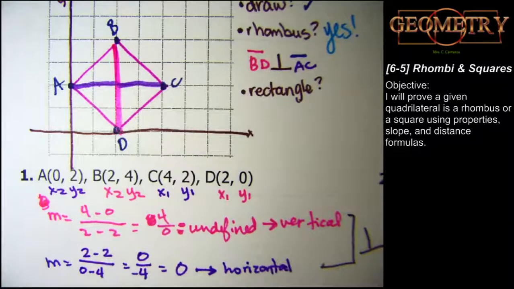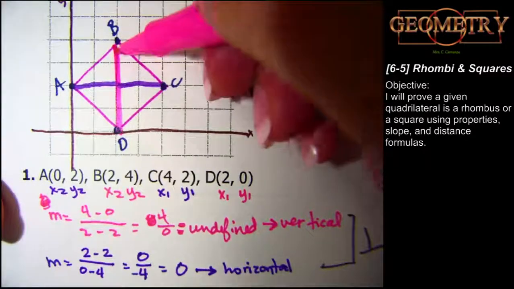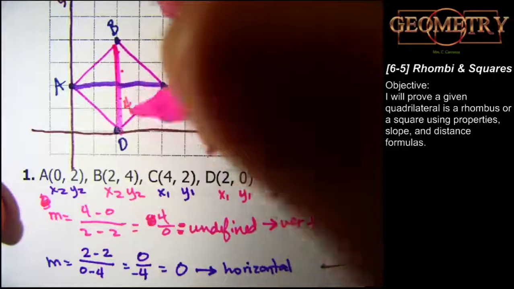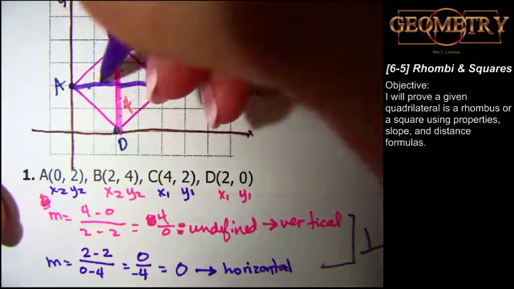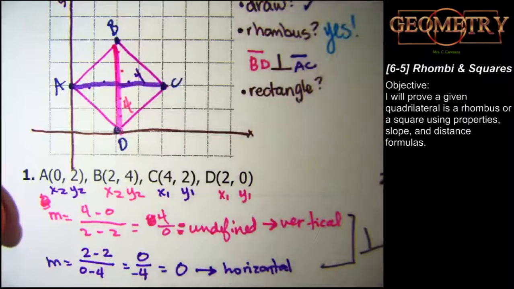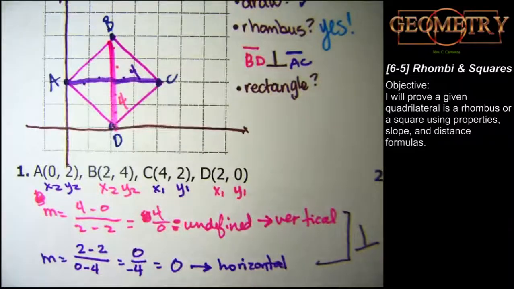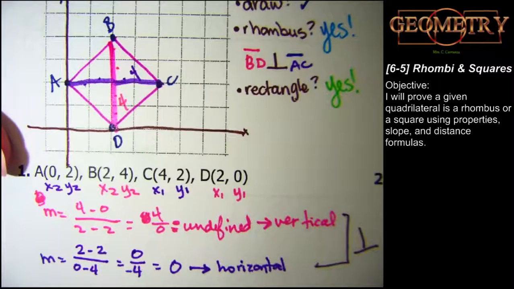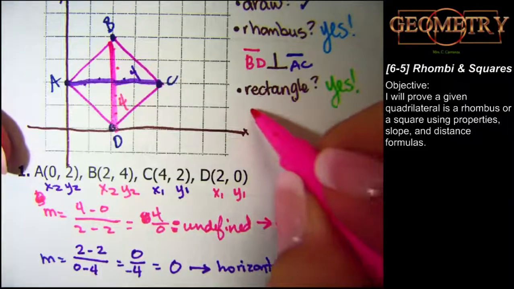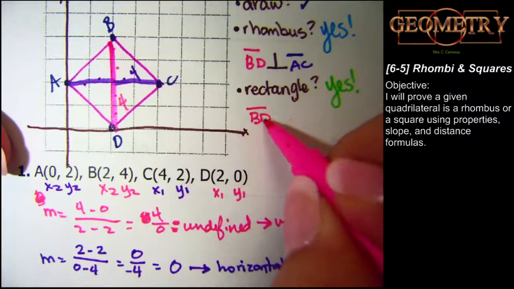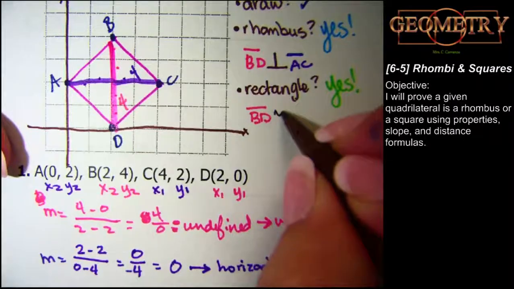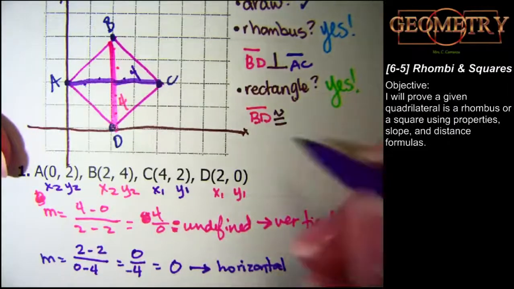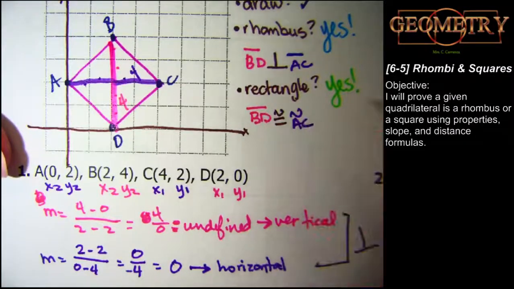I don't need to go to any formula. 1, 2, 3, 4. 1, 2, 3, 4. Is it a rectangle? Yes. What's the reason? Because the diagonals are congruent. Diagonal BD is congruent to diagonal AC.